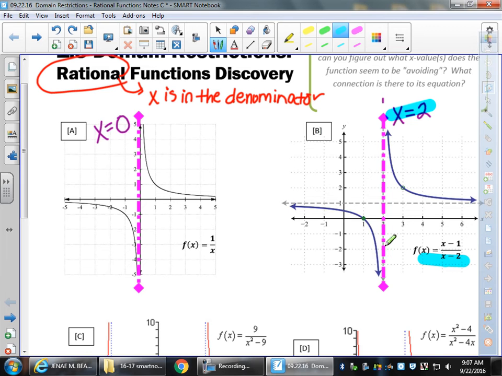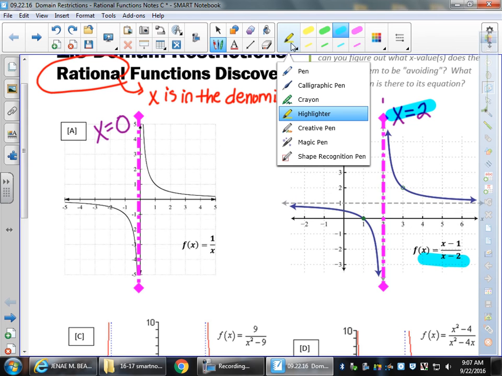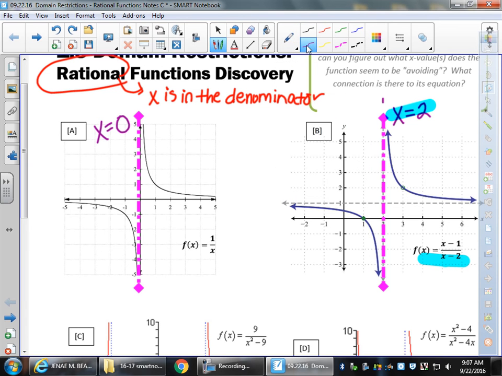What happens if I substitute 2 for x? Interesting. But we don't know yet. Let's try. So we all agree, yes, that the graph is avoiding x equals 2? Okay, let's all try right now, f of 2. We're going to use this function right here, and wherever we see x, we're going to plug in a 2.